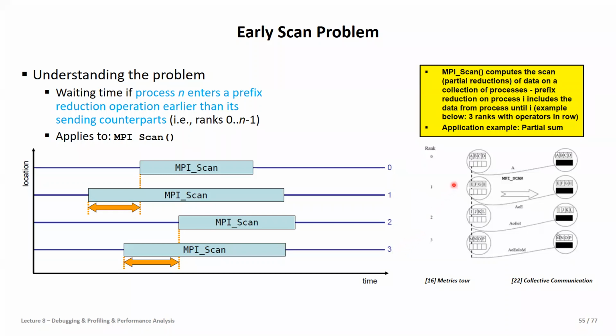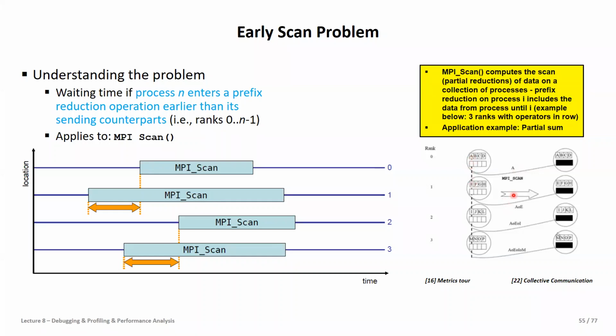And you see that a little bit on this graphic. You have rank 0, rank 1, 2, 3. If you call it on rank 0, on index 0, then of course it's just the A, right? So it means it's just this rank, and there's basically no operator required for these values.